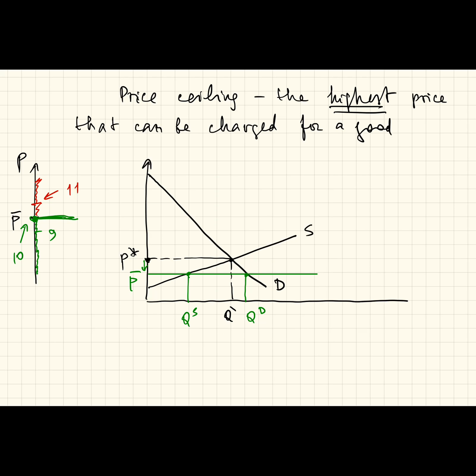And that was the initial equilibrium quantity. That will result in a shortage. So this difference will be a shortage. Usually a shortage results in an increase in price, but because there is a legal restriction on price, that won't be happening. So we will have this continual shortage.